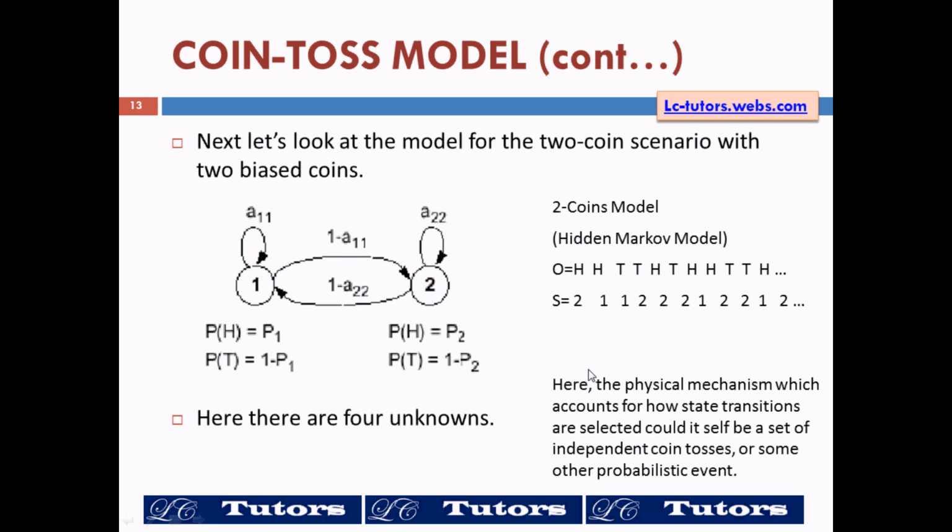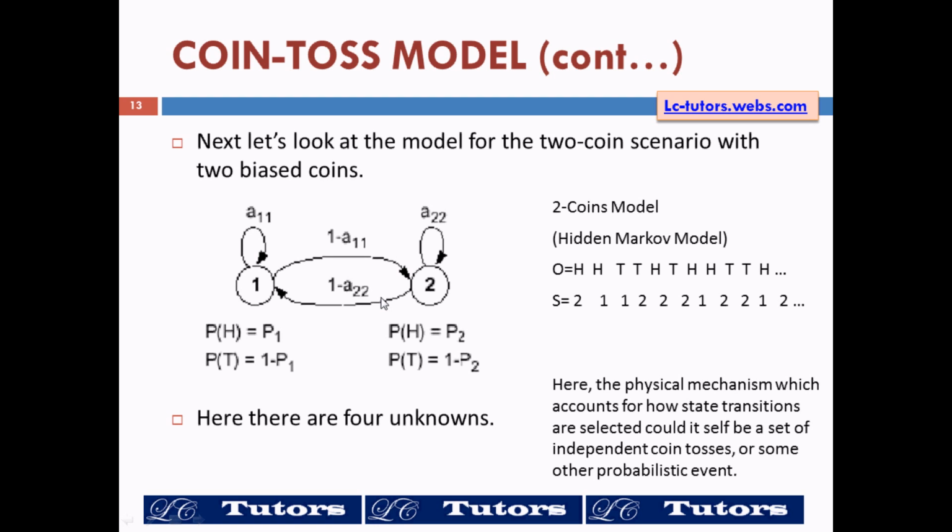Basically here the physical mechanism which accounts for how state transitions are selected could itself be a set of independent coin tosses or some other probabilistic event. That means the person can select coin 1 or coin 2. Before he selects coin 1 or coin 2, he can toss another coin to find out which coin he wants to select. So it's another probabilistic event.